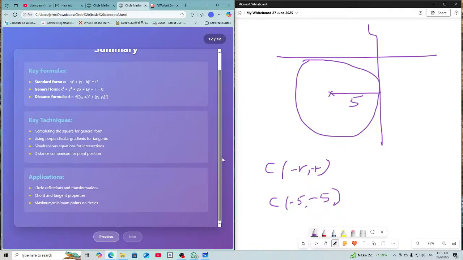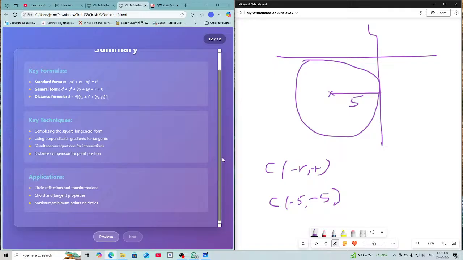Completing the square allows you to see how we can derive the radius and the center coordinates from the general form. And bear in mind the perpendicular gradient. Not just for tangents, also remember perpendicular gradient to chords, the midpoints. That will also be very, very important.